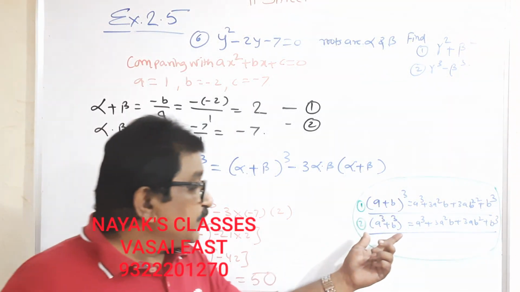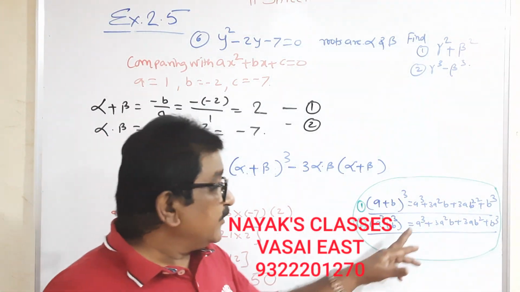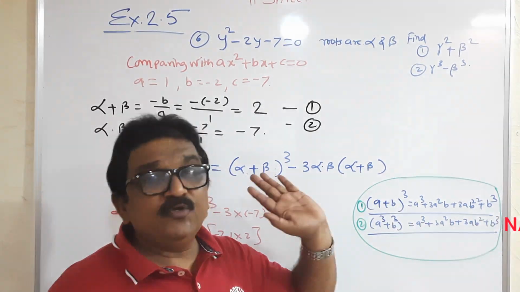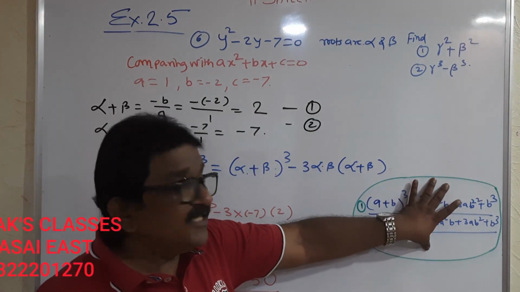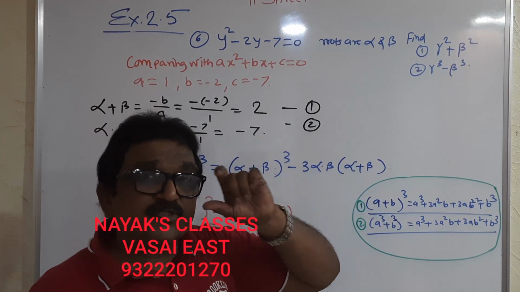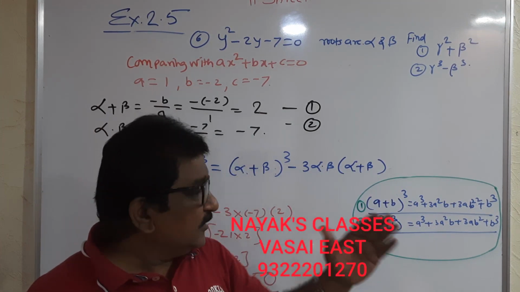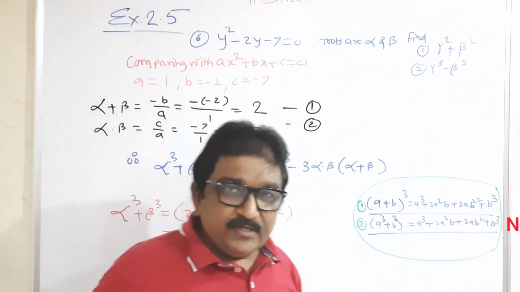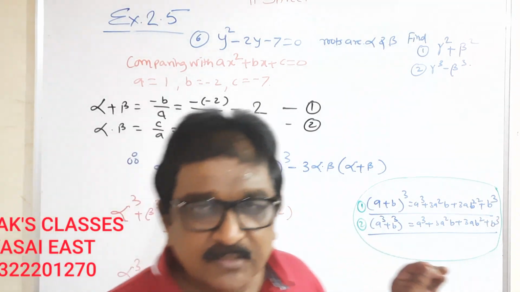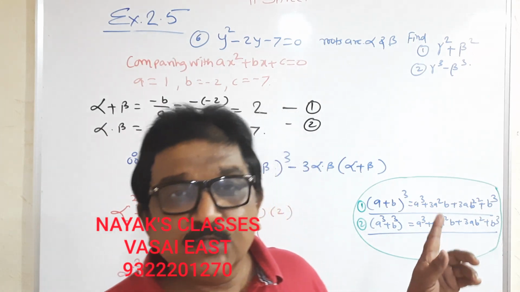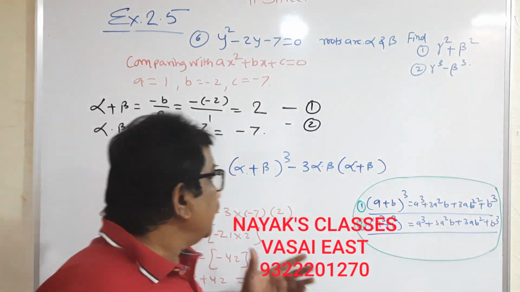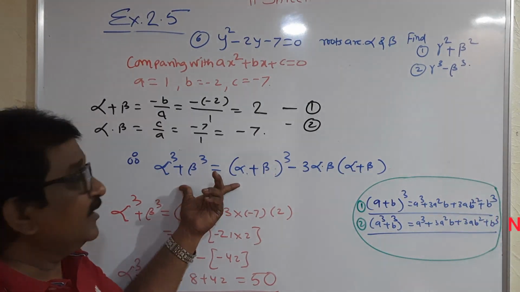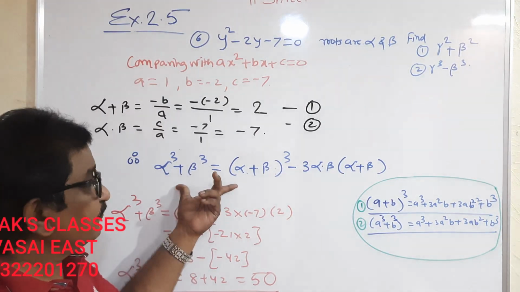The value of a cube plus b cube is also same: a cube plus 3a square b plus 3ab square plus b cube. By using these two, just as we used the square relations, similarly we are using cubic relations. Previously we got square relation, now we got cubic relation.